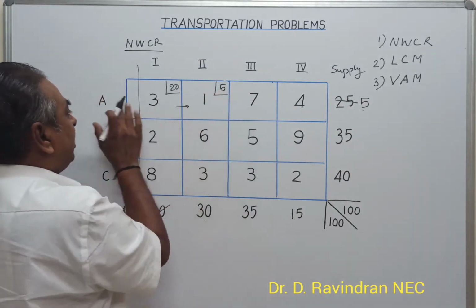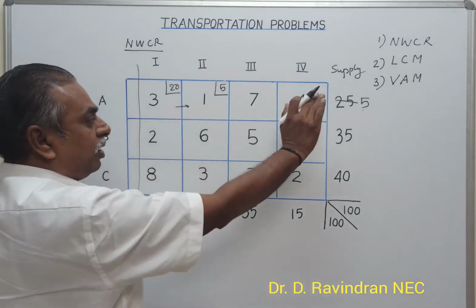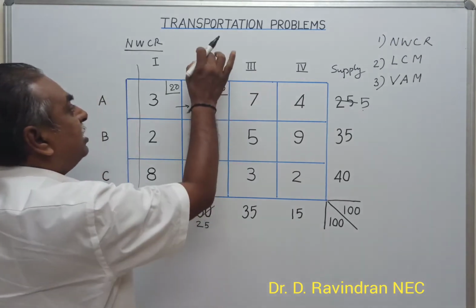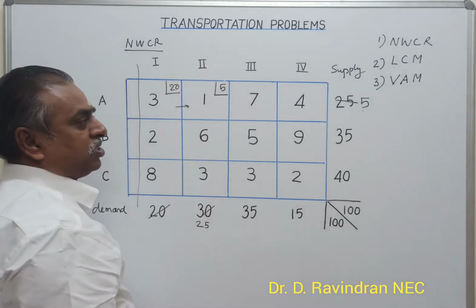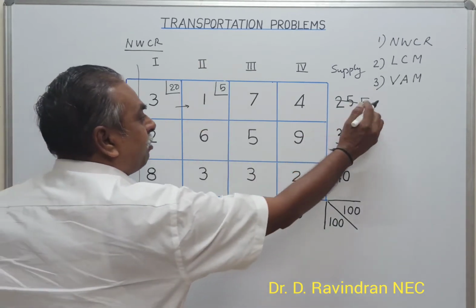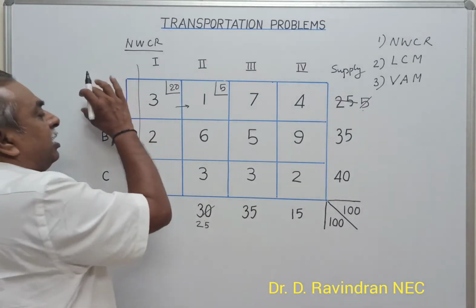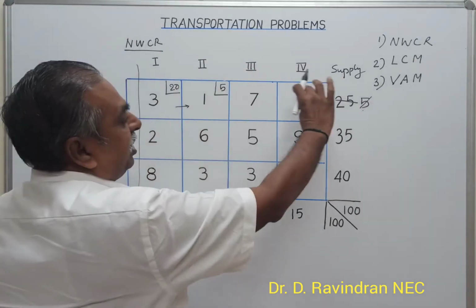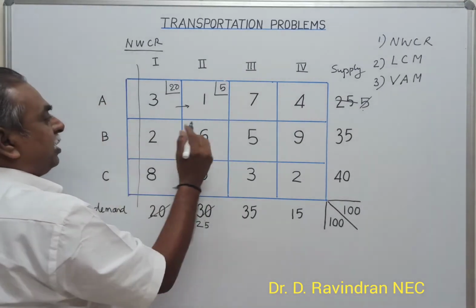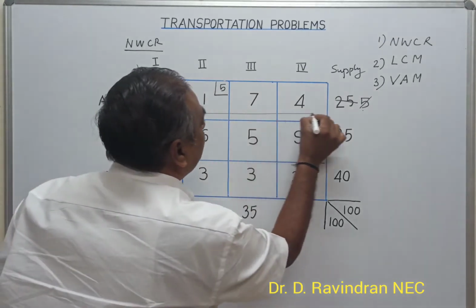With this the whole supply of A is completely over, and the balance of 25 units is what this center needs. So the demand will be 25 units here and the supply is completely cancelled. In this way the whole supply of A is over, and now we can come down to the supply center B. That means this row we can strike off.